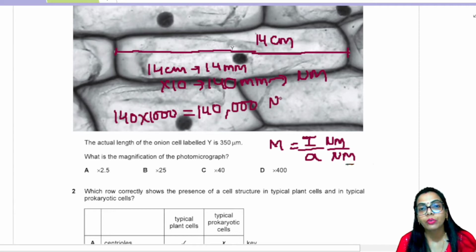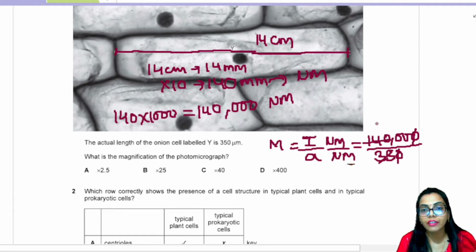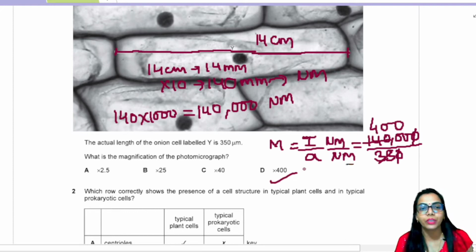So the image size is 140,000 micrometer, and the actual size of the onion cell is 350 micrometer. Cutting these, 35 fours are 140, so the answer is 400 times magnification.